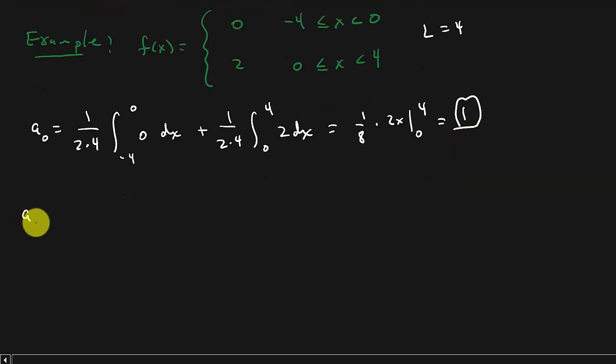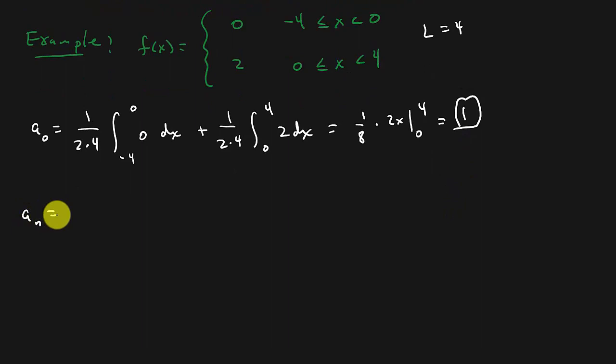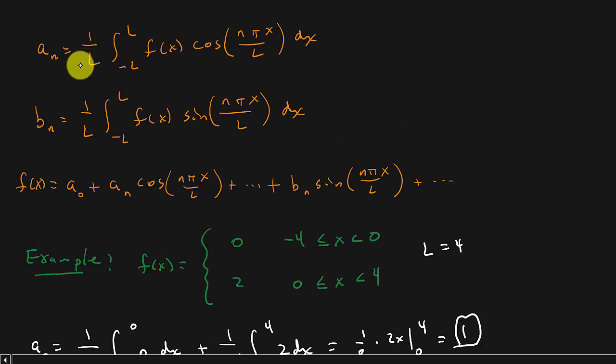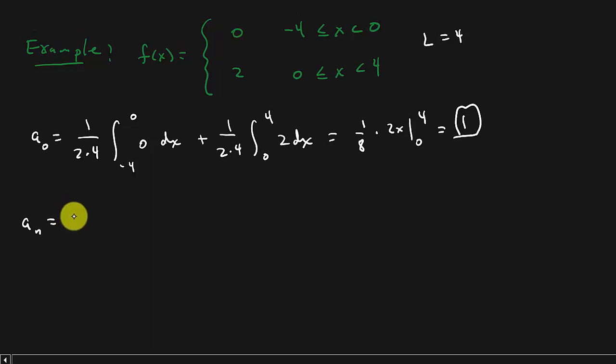Okay, so that's 1. Now let's find an. We're not going to go through and find a1, a2, a3, a4. We're just going to find an. So that's this formula, 1 over L. So that's 1 over 4. Now look, you don't have to write this down, but look. Okay, negative 4 to 0, that's 0.